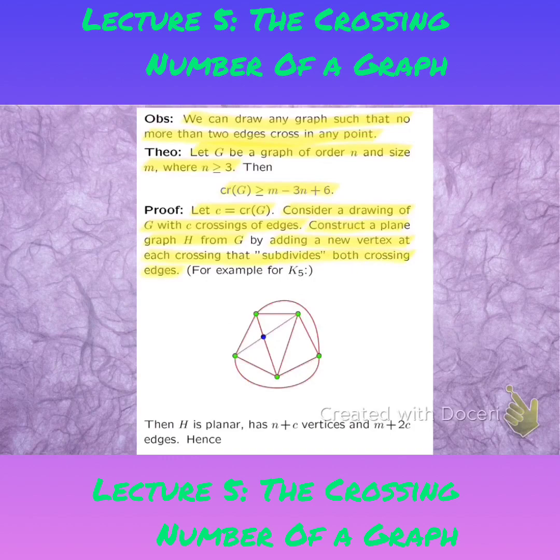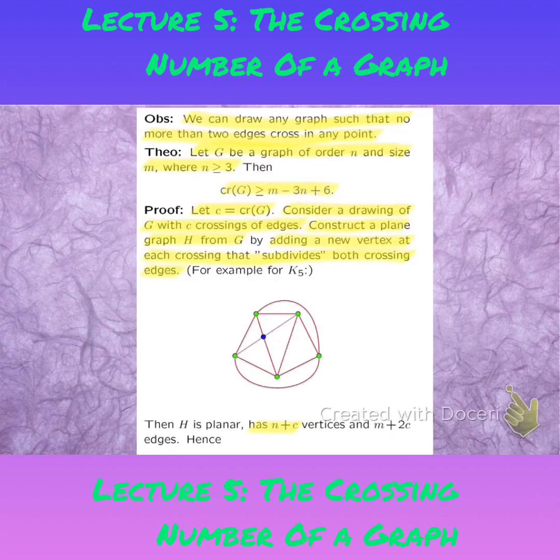So now the question is, this new graph, how many extra vertices does it have? Well, you placed a vertex at each crossing, and there are C crossings. So you're basically increasing the order of the graph by C, and the number of edges for each crossing, you are increasing the size of the graph by two times that particular crossing.